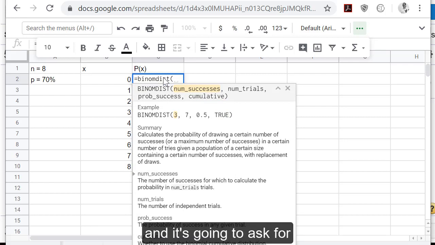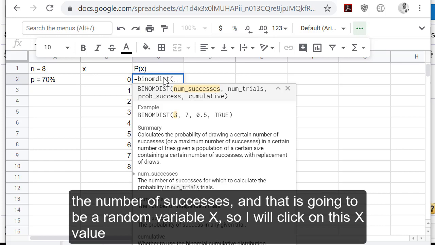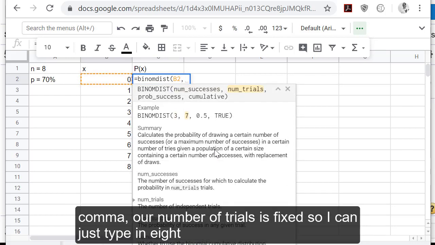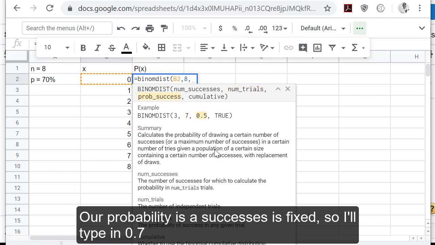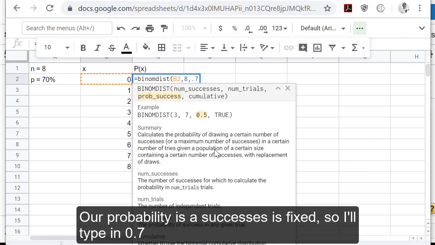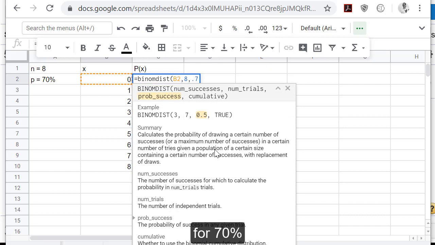It's going to ask for the number of successes, and that is going to be your random variable x. So I will click on this x value, comma. Our number of trials is fixed, so I can just type in 8. Our probability of success is fixed, so I'll type in 0.7 for 70%.